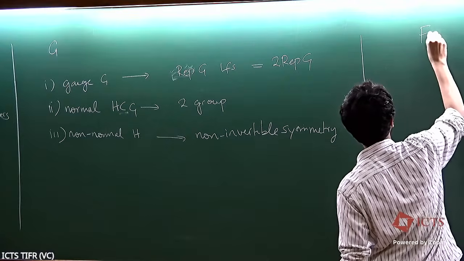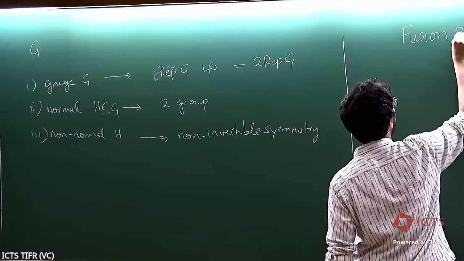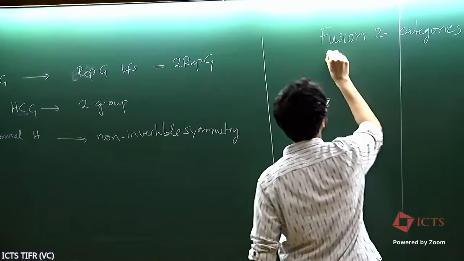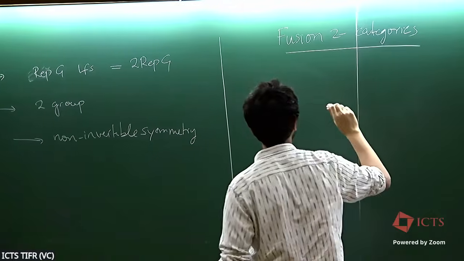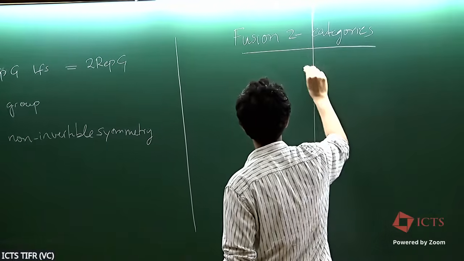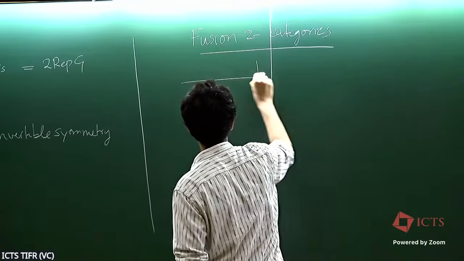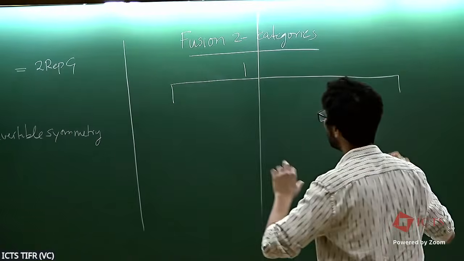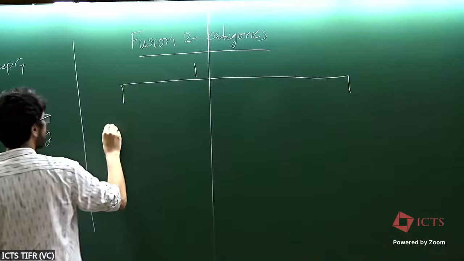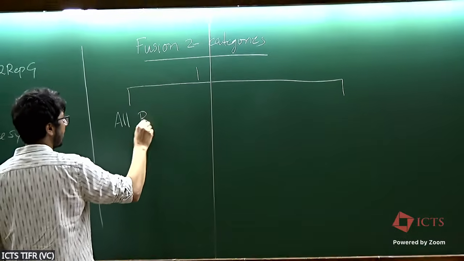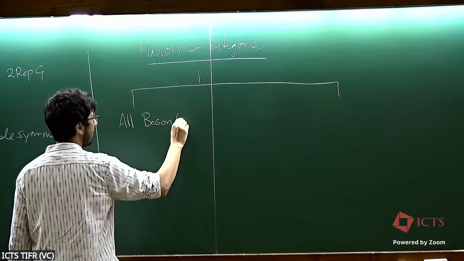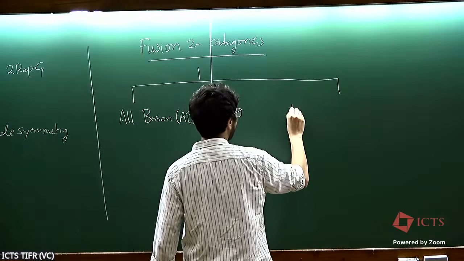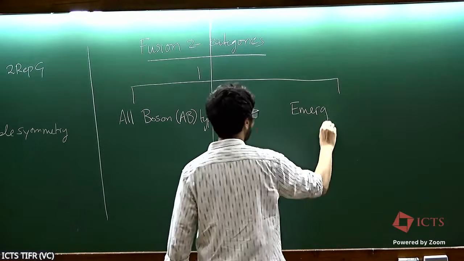If you look at fusion 2 categories, there was some math result from, I think, November of 2024, which classifies this into two families. One are called all boson fusion categories. And the other so-called emergent fermion.